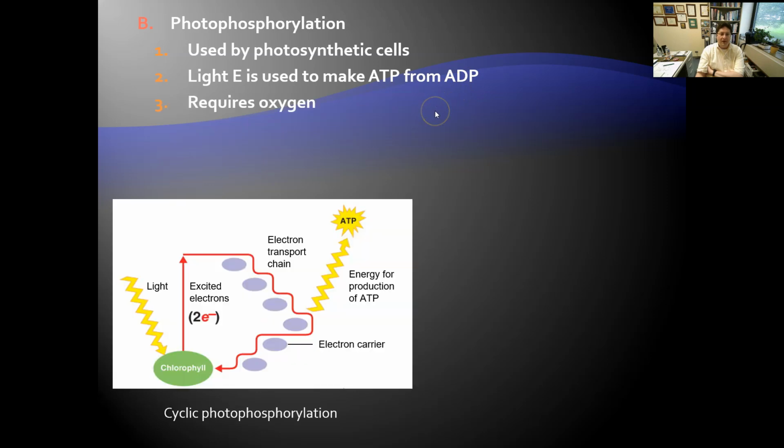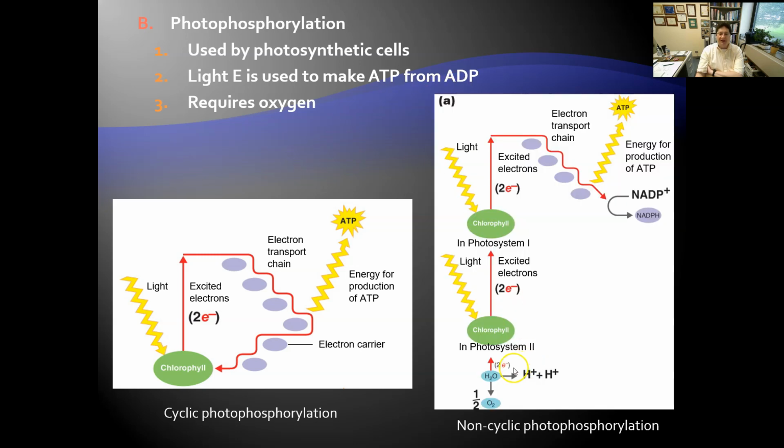This does require oxygen, and it's going to use light energy, and we're going to make ATP from ADP. Now, it involves a complex series of reactions, as illustrated here, more than you have to know. But what you do want to know is photophosphorylation is going to make ATP from ADP using light energy.